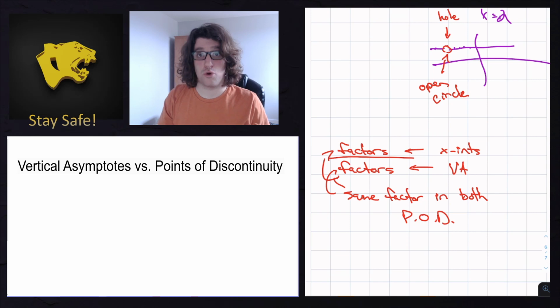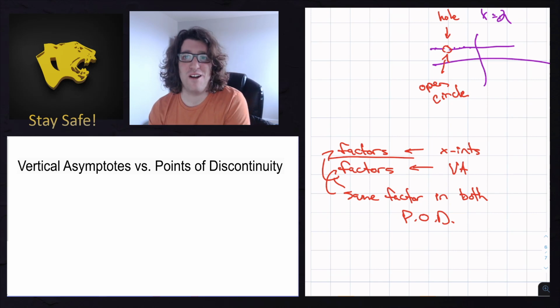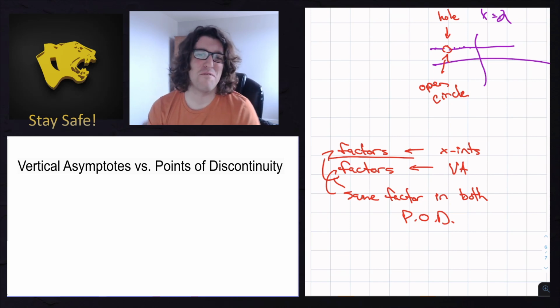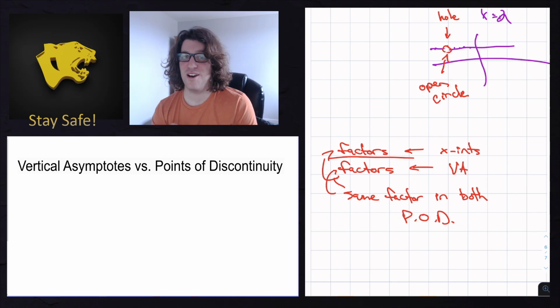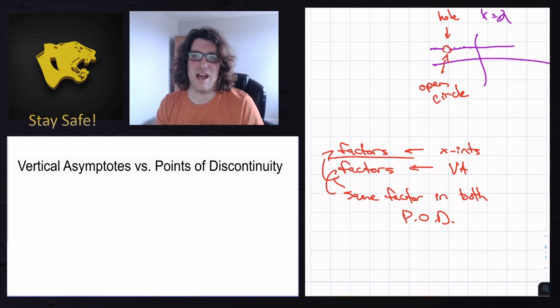And then you will cross some of your answers out if you find that they're in both. So if you find that you have an x-intercept at x is equal to 1 and you have a vertical asymptote at x is equal to 1, that can't be true. And it's not true. It's the special case of a point of discontinuity. So you would have a point of discontinuity occurring there instead of either the vertical asymptote or x-intercept.